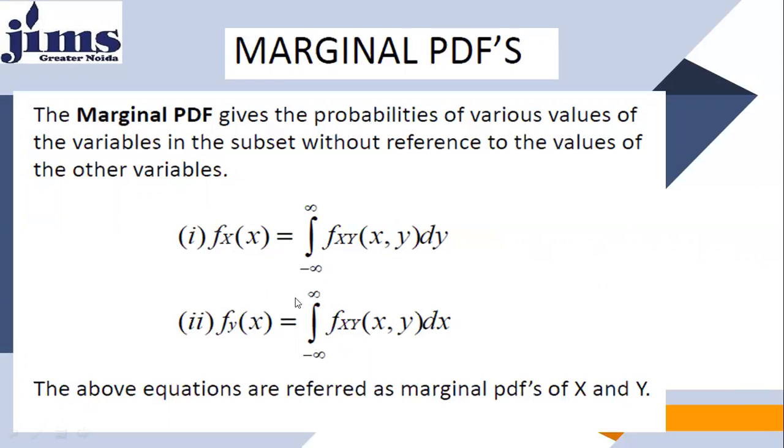Similarly for Y: if this is a joint PDF of X and Y, and you take a single PDF f_Y(y), this should be f_Y(y), then that becomes a marginal PDF. So marginal PDFs are nothing but single PDFs that come from the joint PDF. I think you heard this. This is the same slide, I think.